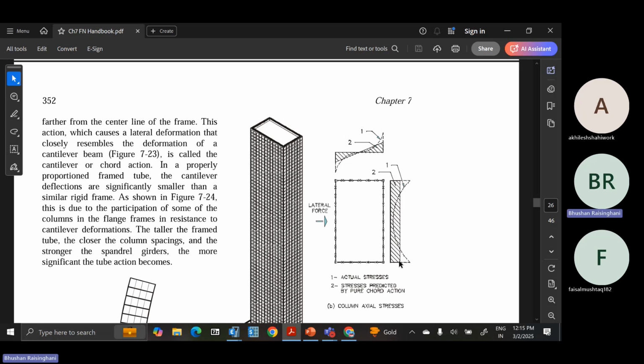You go through that also, so you will get an understanding of other parts, like the backstay effect, codal provisions for high-rise buildings, and aspect ratio and all these things for high-rise buildings.